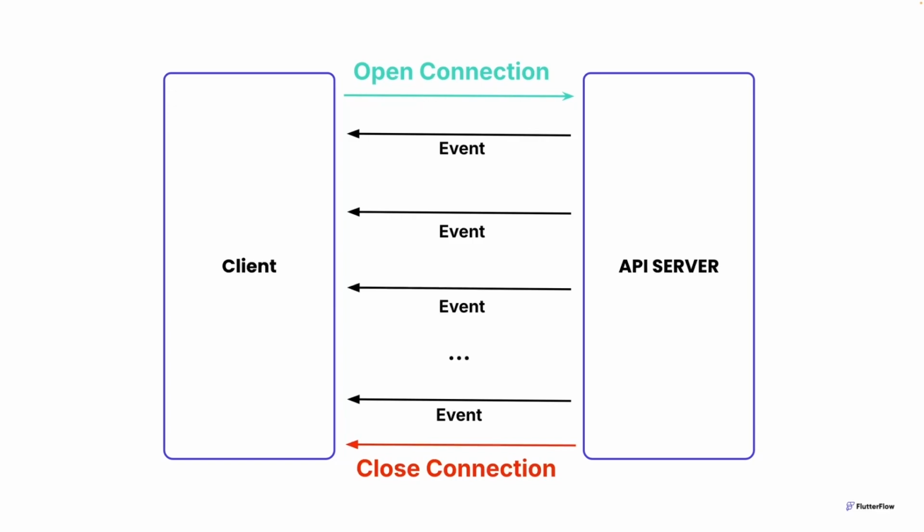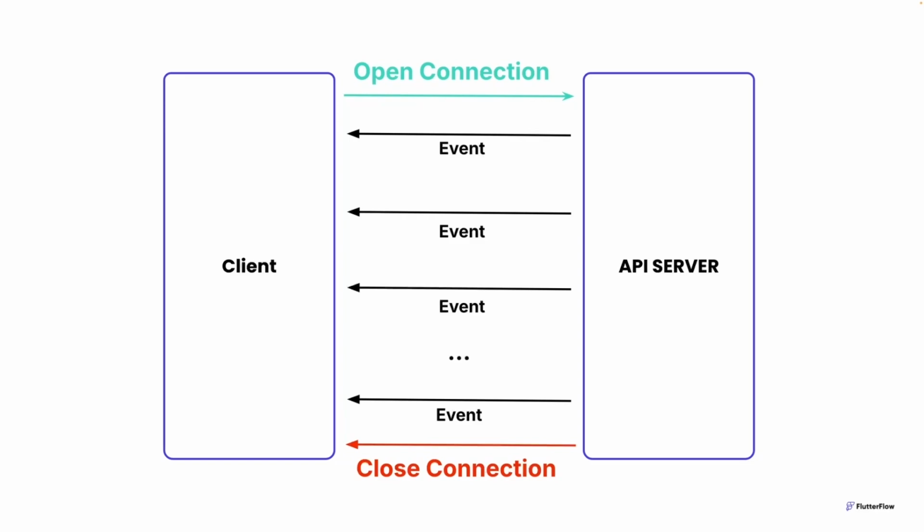Unlike REST APIs, which deliver data in response to a specific request, streaming APIs are designed to maintain an open connection between the client and the server, continuously sending data as it becomes available.